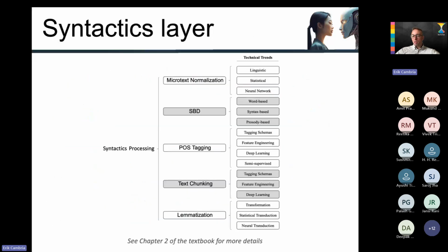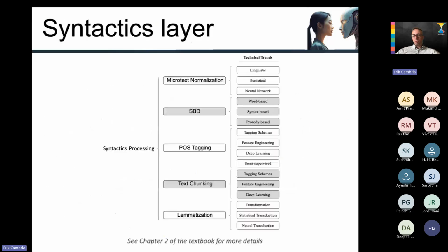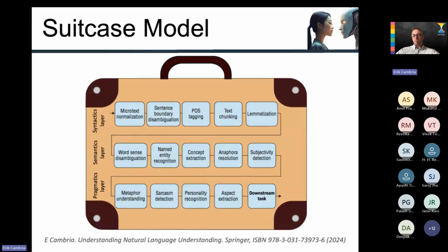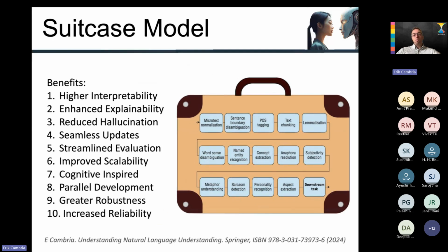Some of this will in a certain way, but it's always safer and better to have this modular approach, because on top of having fewer errors, you can also have once again more interpretability and explainability, and you can also do an ablation study when you have a framework like this. And last but not least, it is also more cognitively inspired, because it's trying to do all these things that we automatically and almost unconsciously do every time we read text or communicate with each other.